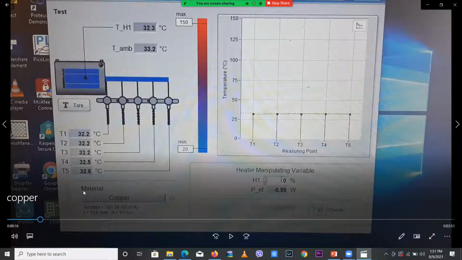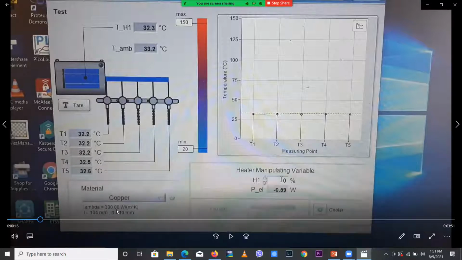Now we have selected the material as copper. And here you can see they have given lambda, the thermal conductivity, 380. The thermal conductivity will change according to the material. Copper has higher conductivity, as you know.